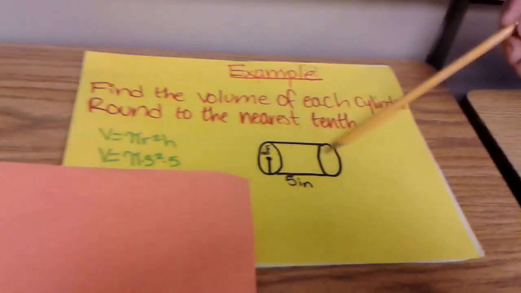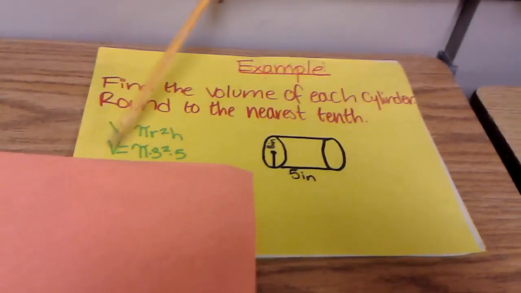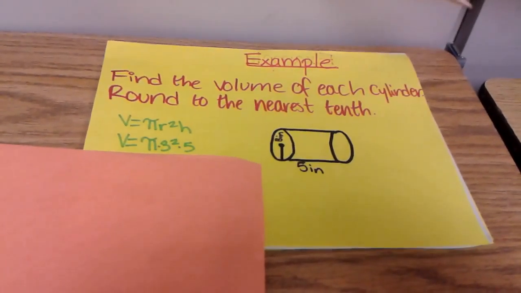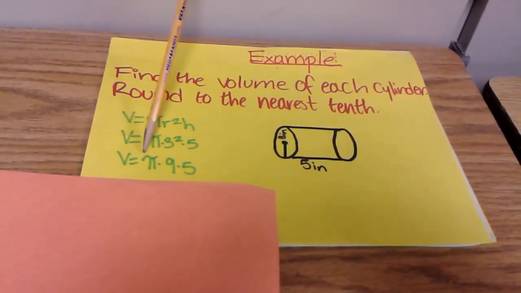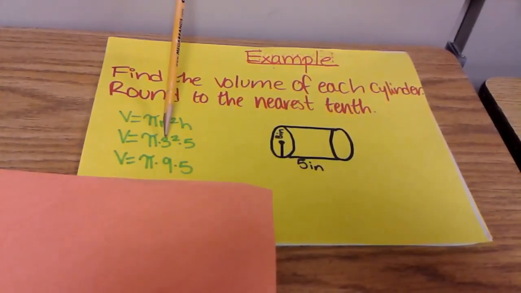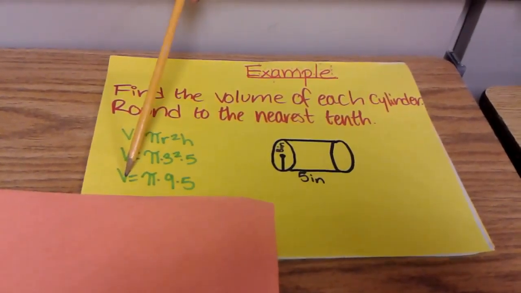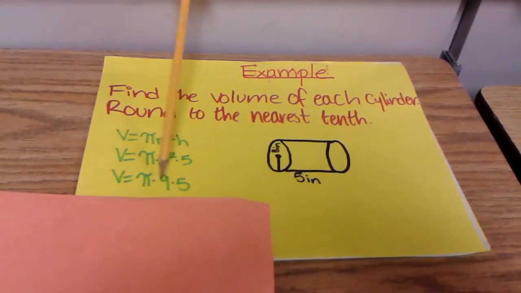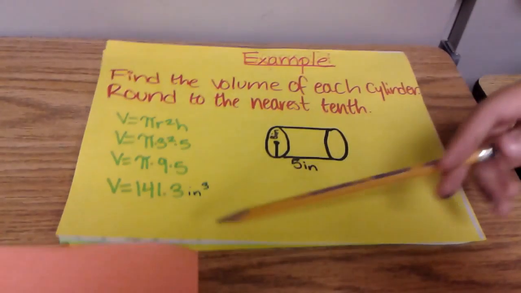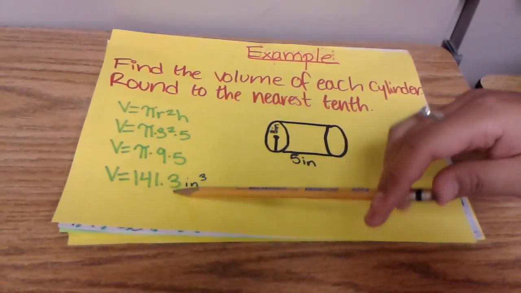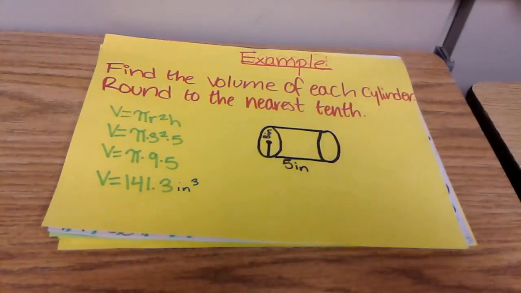So we put in the numbers: pi times 3 squared times 5. We find the exponent, so it's pi times 9 times 5, which gives us 141.3 inches cubed.